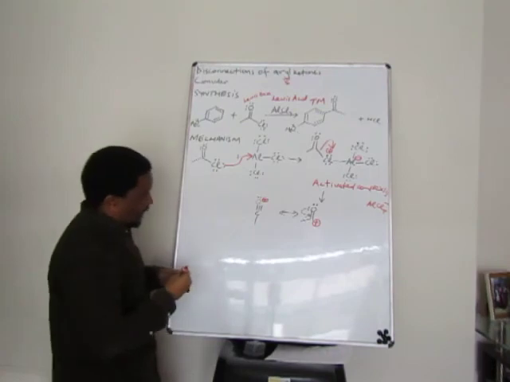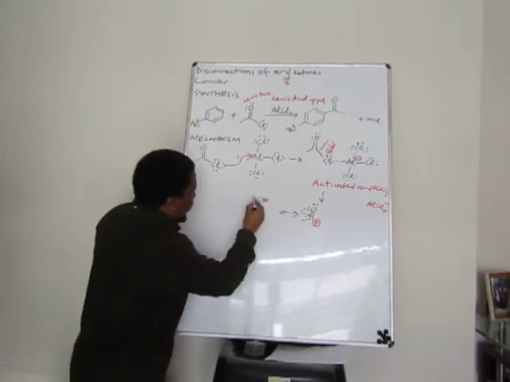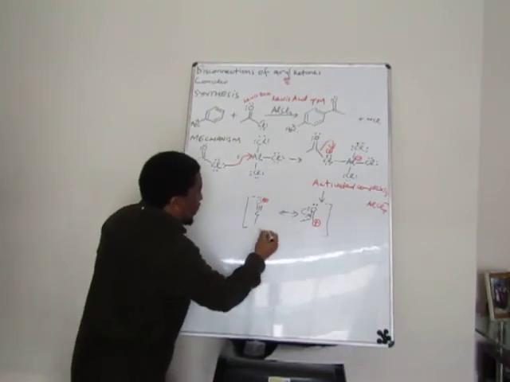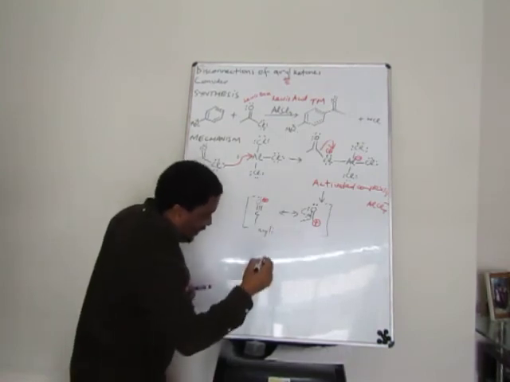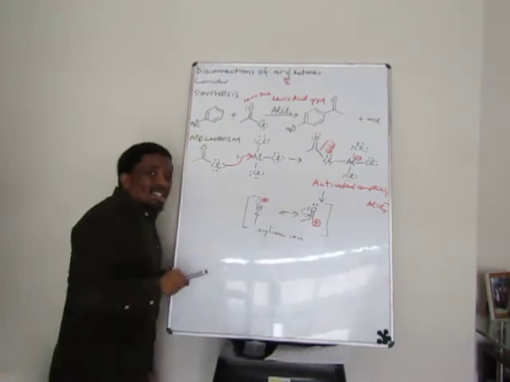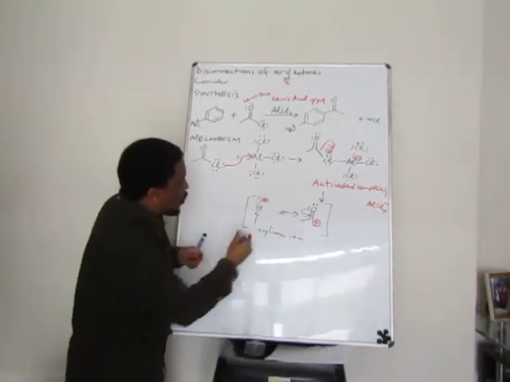So this is your resonance structure for your acylium ion.